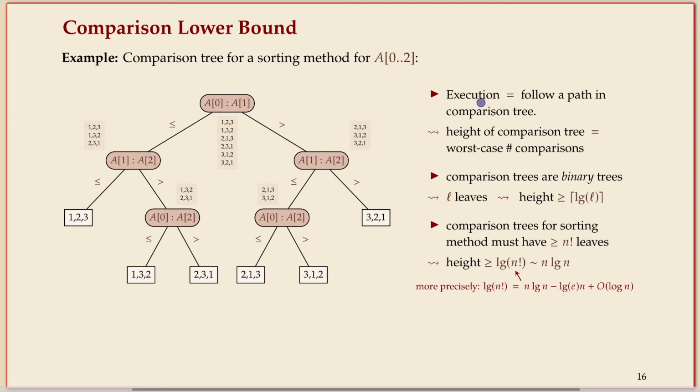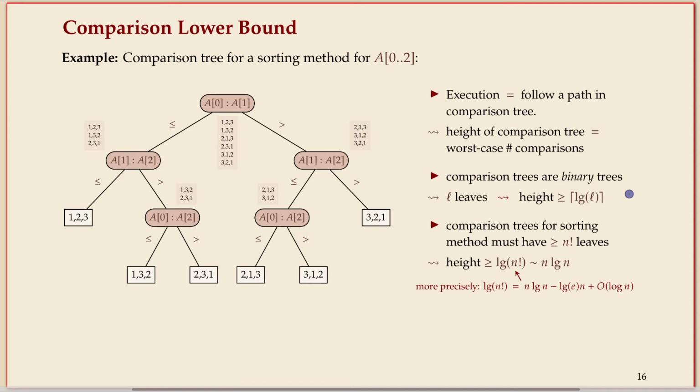Every execution of the sorting algorithm on one specific input is following one path from the root down to some leaf. So the height of the tree is the worst case number of comparisons. Remember, height is the number of edges, which is the same as the number of these dark red nodes, and that's the number of comparisons. And height was the maximum number of such steps, so that's the worst case input.